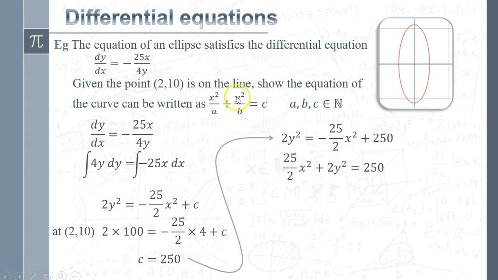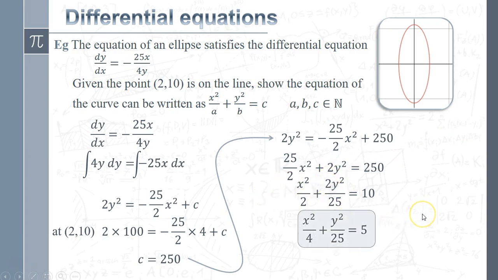We've got x squared and y squared on their own on the top, so the first thing I'm going to do is divide the entire equation by 25, and then finally deal with the 2 here, so divide the equation by 2, and there we go. There's our equation as we're being asked for. So there you go. We've gone from a gradient function, and we've now got the equation of the ellipse.